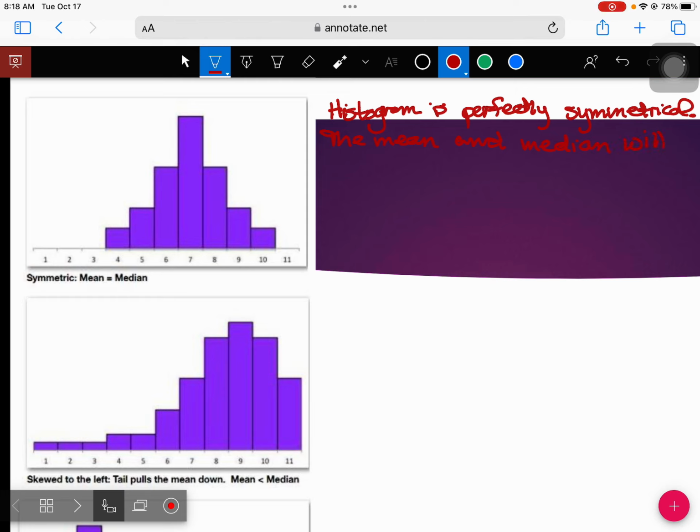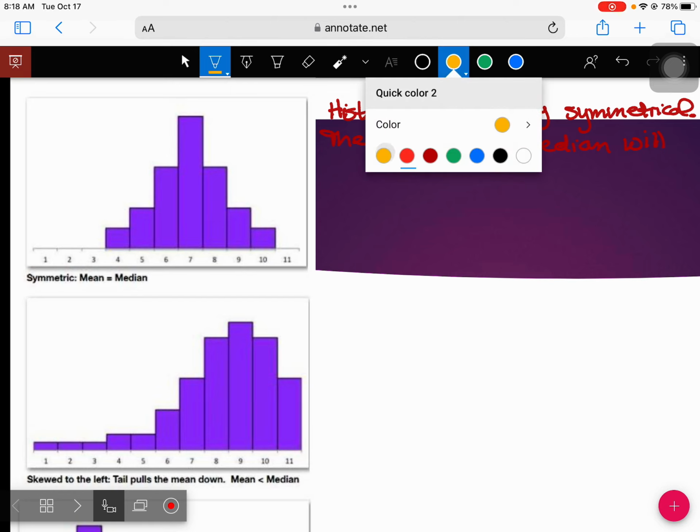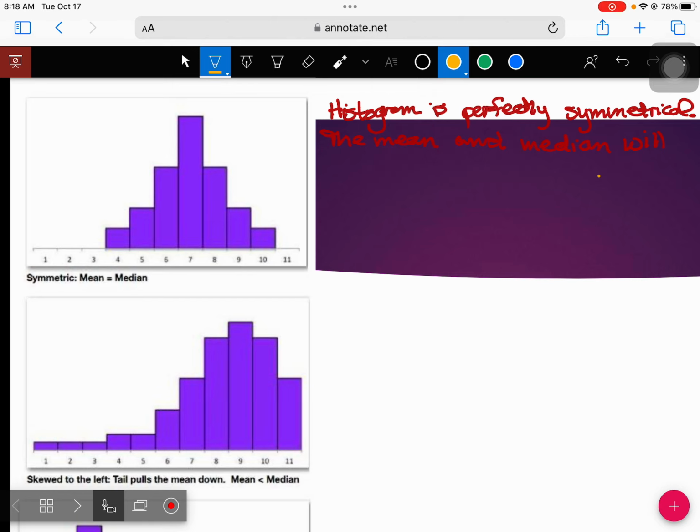So if you have a graph of a histogram, can you guys read that at all? Wonder if I put it in yellow, if that would be better. The mean, how's that? Is that better? Okay. The mean and the median will be the same number if you have a perfectly symmetrical histogram.